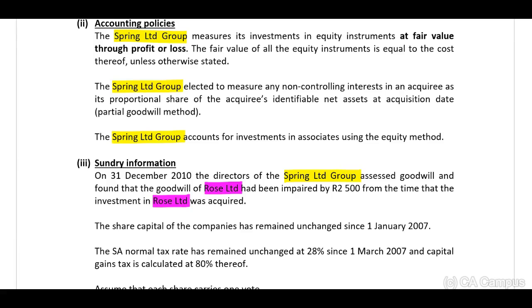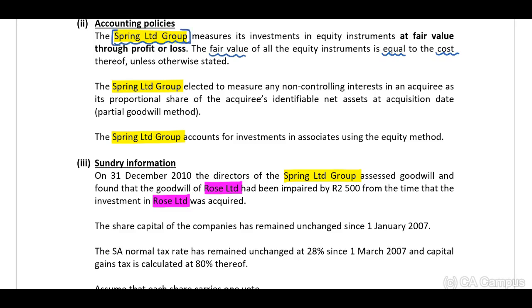Accounting policies. The Spring Limited Group measures its investments in equity instruments at fair value through profit or loss. The fair value of all the equity instruments is equal to the cost thereof unless otherwise stated. Now guys, important to identify when they refer to the Spring Limited Group, what does this actually mean?